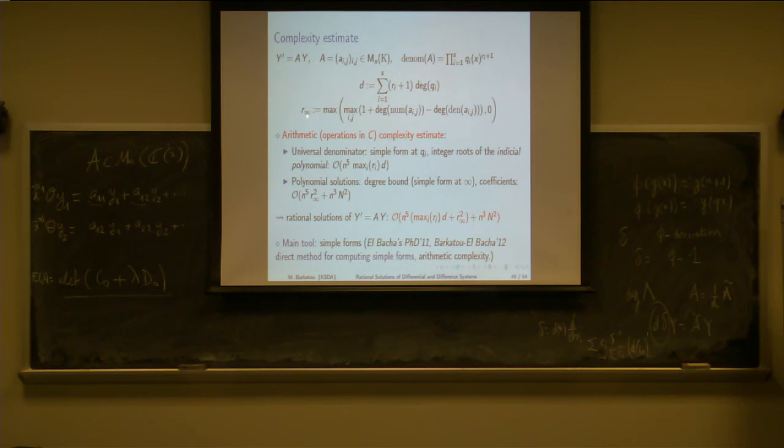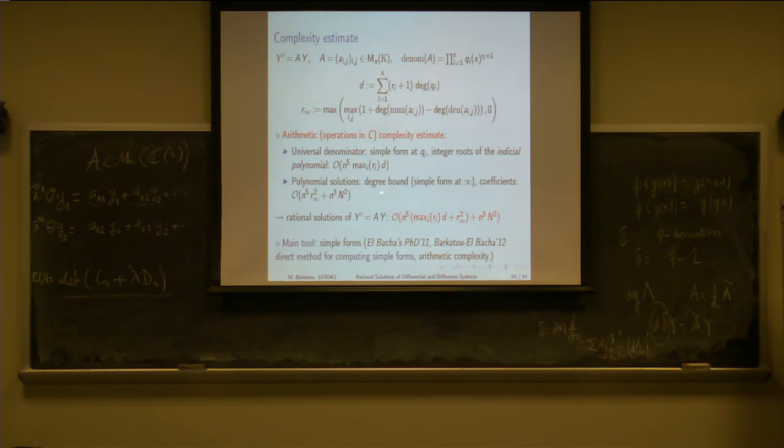Then the universal denominator can be computed in this number of operations: n to the 5, where n is the size of the matrix, the maximum of the Poincaré rank, times d. So this is the complexity for computing the universal denominator.